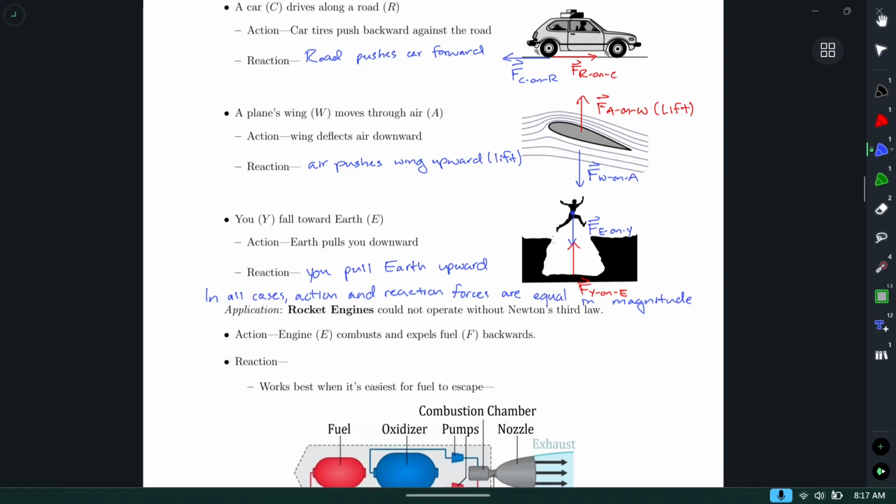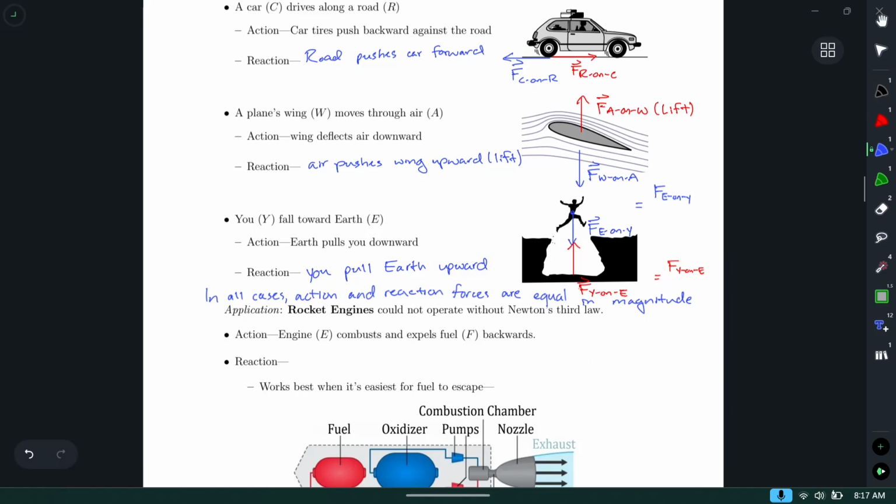Well, let's compare accelerations. I'm going to save writing acceleration because we want to scale it based on how large it is for each of us. For both me and the Earth, we just calculate the acceleration based on the force acting on it and the mass.